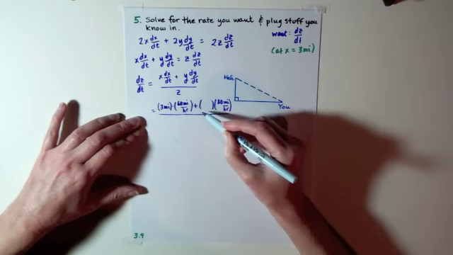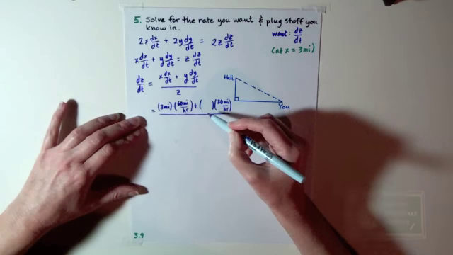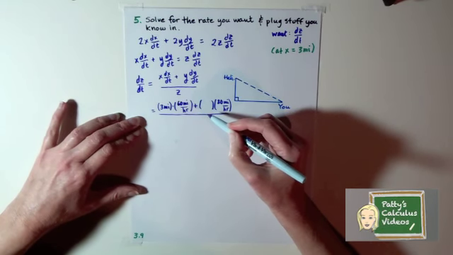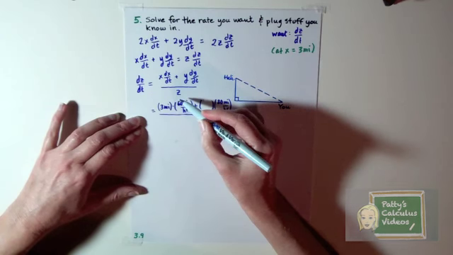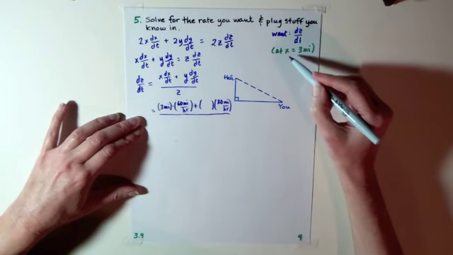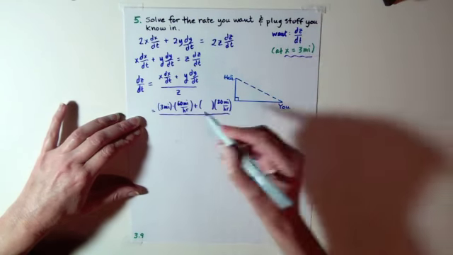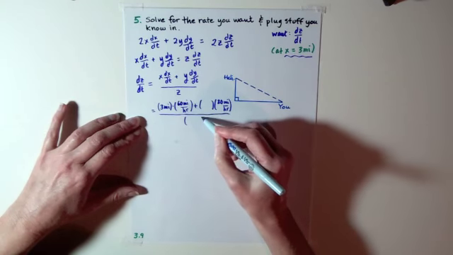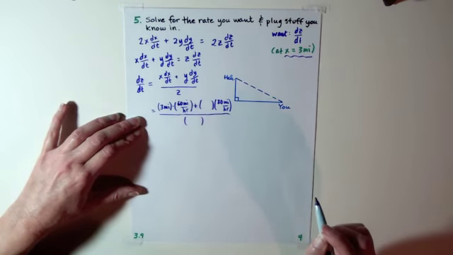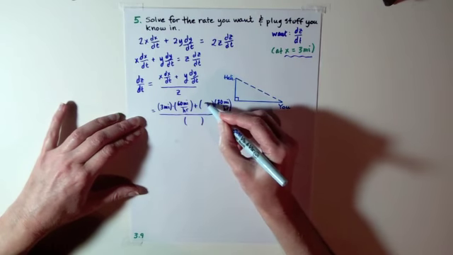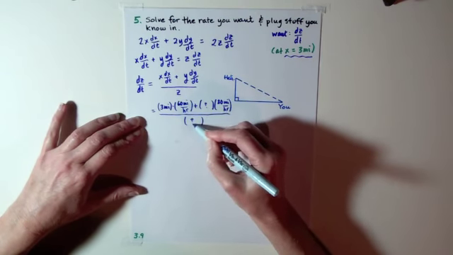y is not given. And that's why I said this one is a little bit trickier. And z is not given either. We're told we want dz dt at the moment that x is equal to 3 miles. And we're really not told what y and z are at that instant in time. But it turns out that these two things are things that we can figure out.